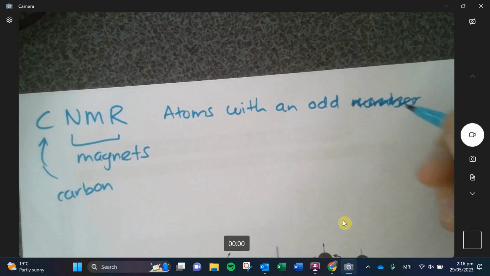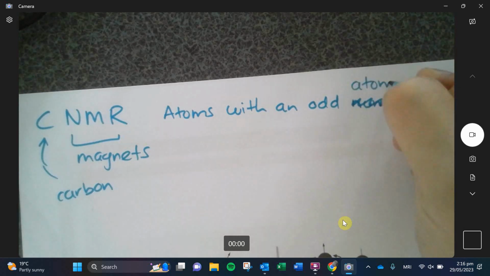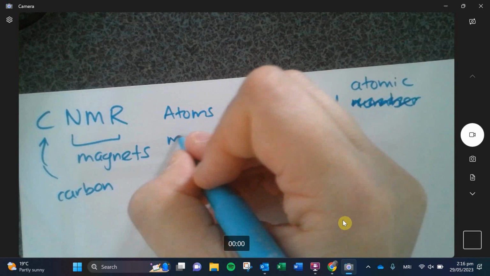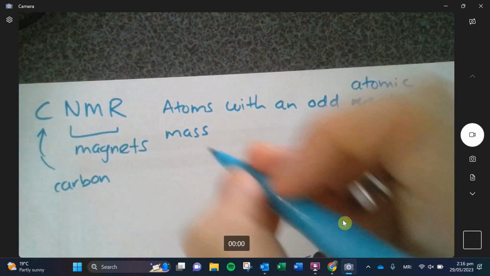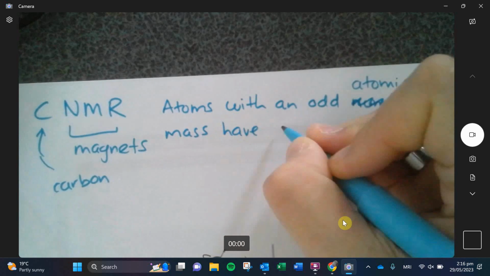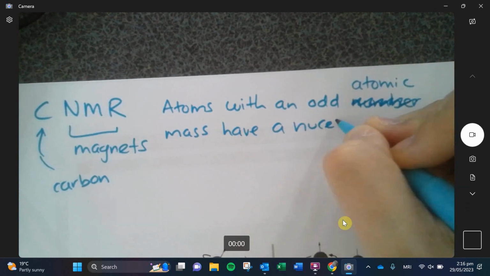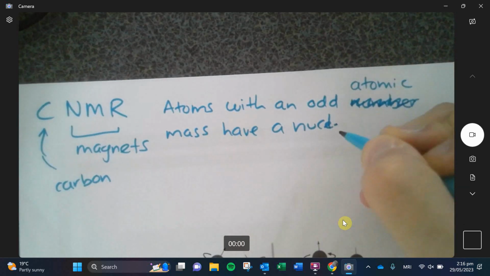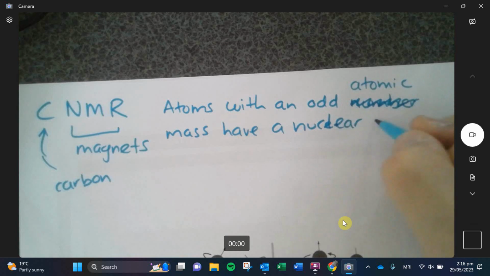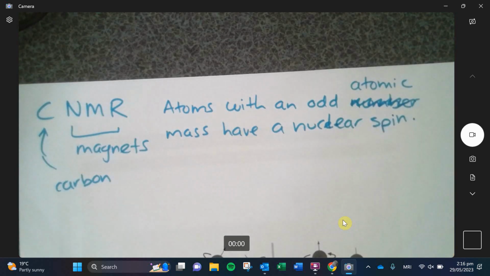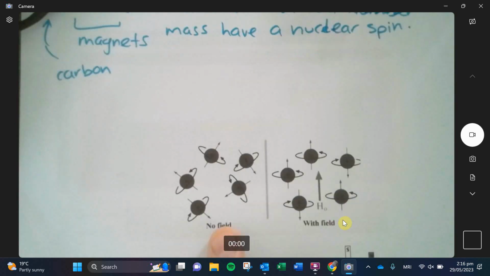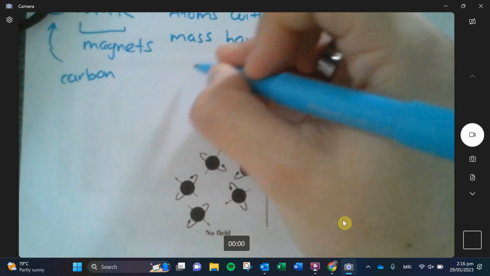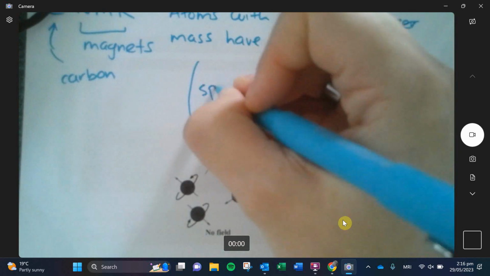Let's be better about that. Have a nuclear spin. And this spin is random. So that's what we see down here with this little image there. Spin is random.